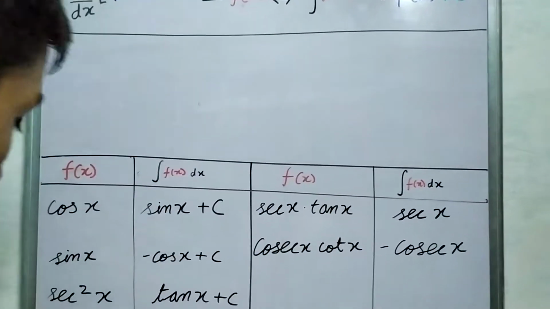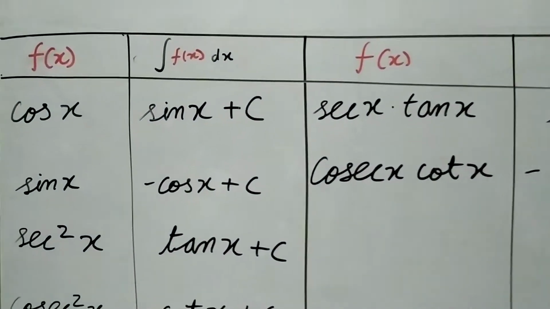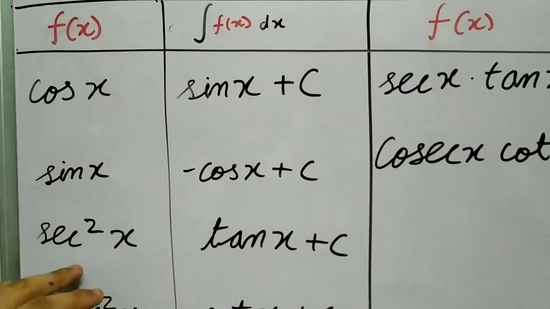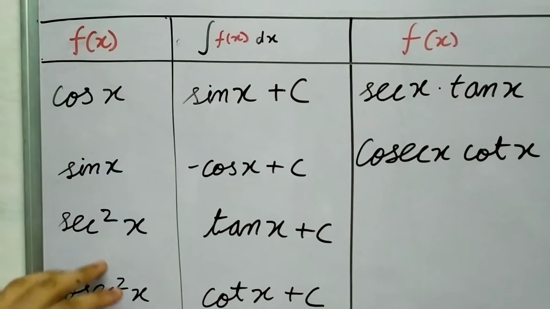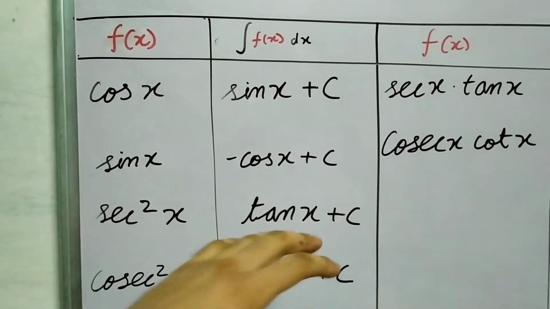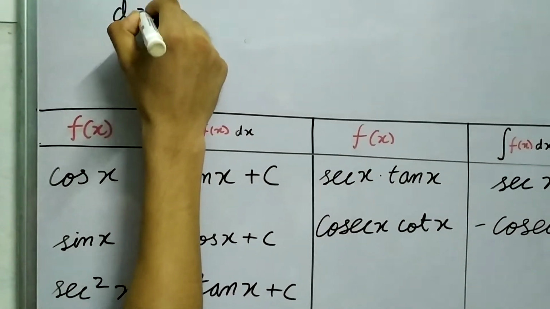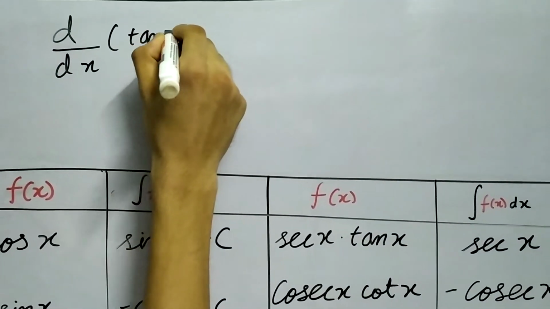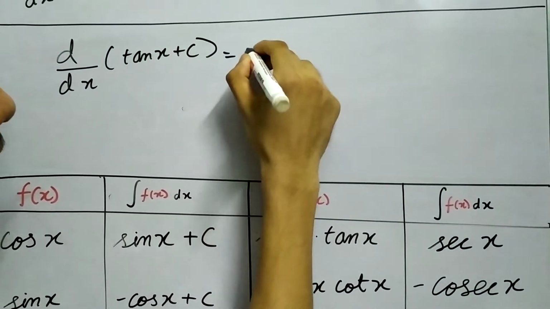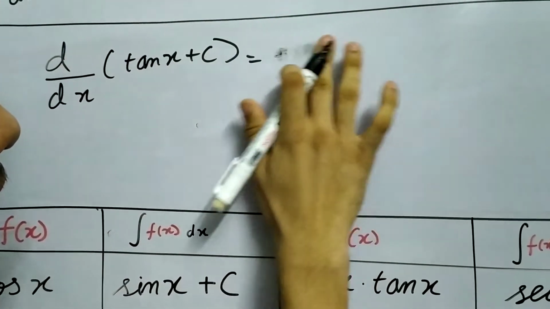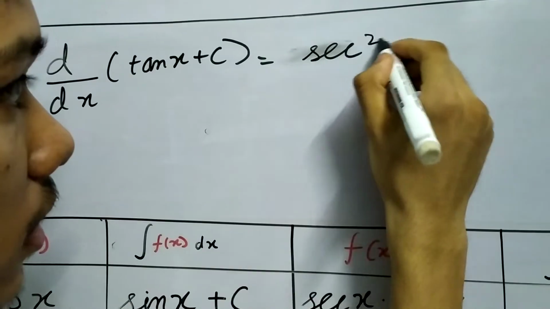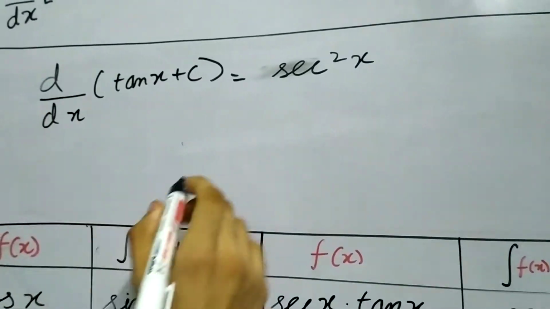So these are all the antiderivatives. Sec x plus c; you integrate sec squared x, you get tan x plus c. You can see why: d by dx of tan x plus c gives you sec squared x. So you integrate sec squared x.